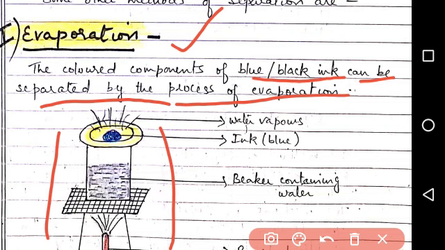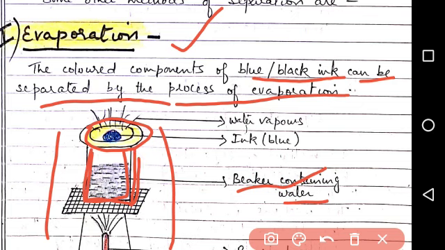the drops of ink are taken on a dish, which is heated over a beaker containing water. Why is this beaker containing water used, and why is it not heated directly? Because the ink has to be heated very slowly.